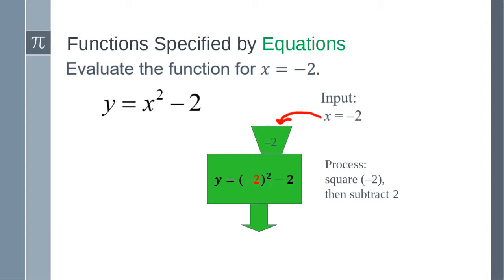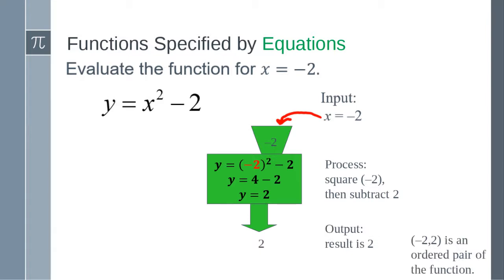So when I do that, I'm going to evaluate -2 squared, which is going to give me a 4. And then I finish the math operation. It asked me to subtract 2. So 4 minus 2 is going to give me an output of 2. Okay? So again, my input was a -2, and my output, my result, was a +2.